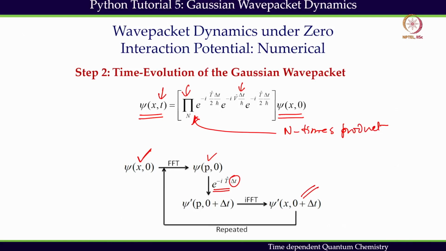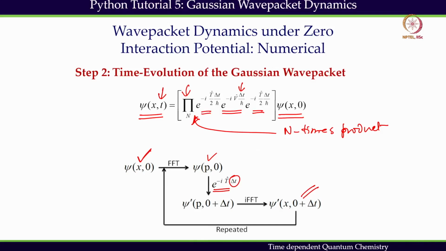Now, recall that for each time in the product, the potential part of the propagator is carried out in the position space. So, we just remember that we said that this is the potential part, and these two are the kinetic energy part. So, this is the symmetrized product of the split operator approach.